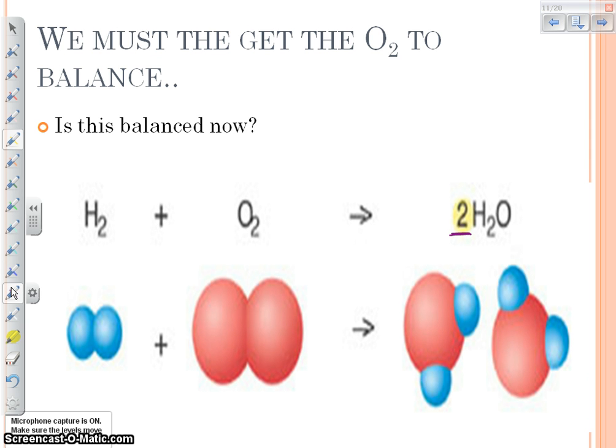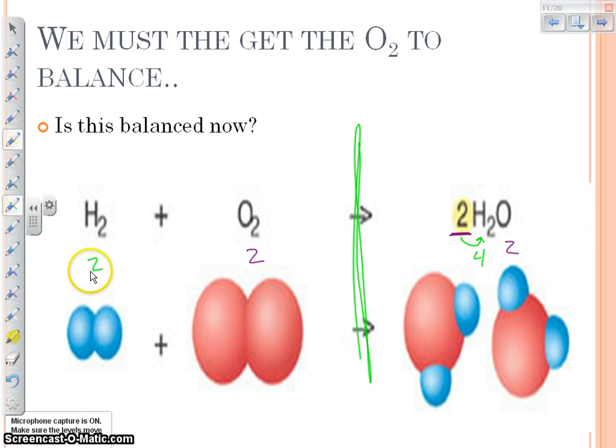So now I have 2 water molecules, which means I've got 2 oxygens on each side. That's totally happy. The problem is now I have 4 hydrogens on the right, while I only have 2 on the left. So how do I go through and fix that? I can't cut this water molecule in half, but I can double the amount of hydrogen or H2 molecules that I have on the reactant side.